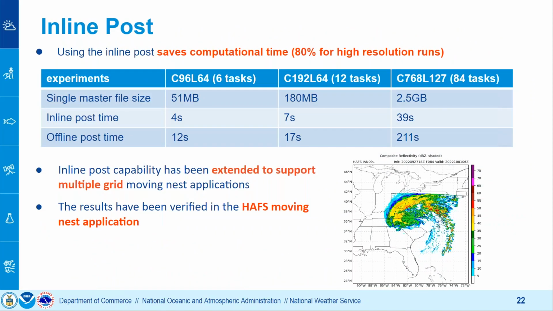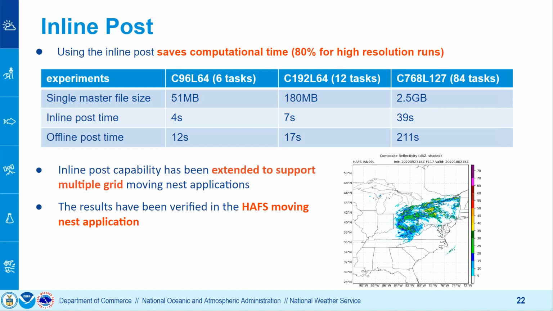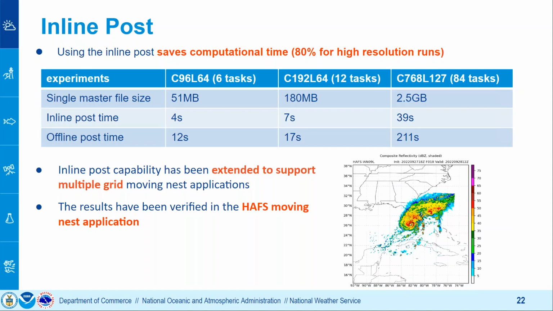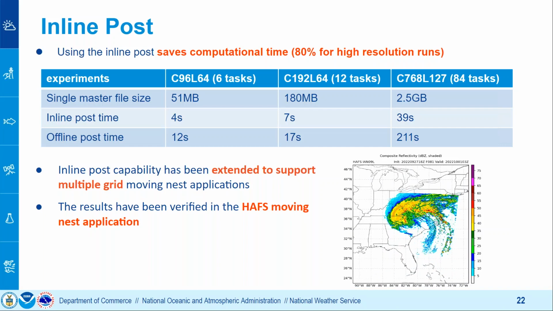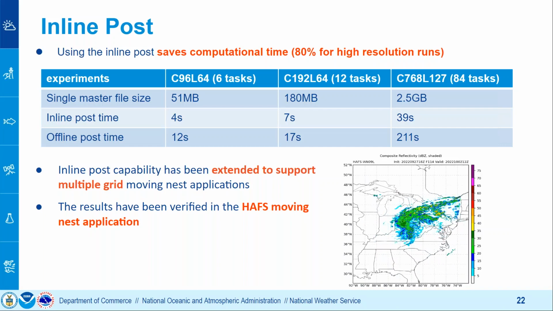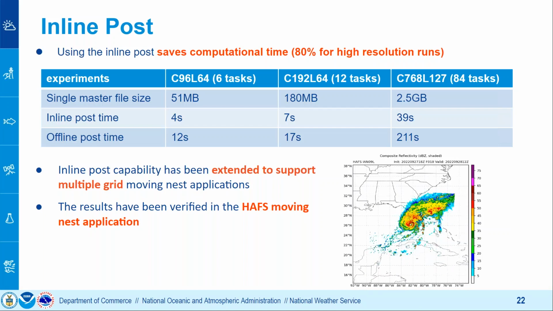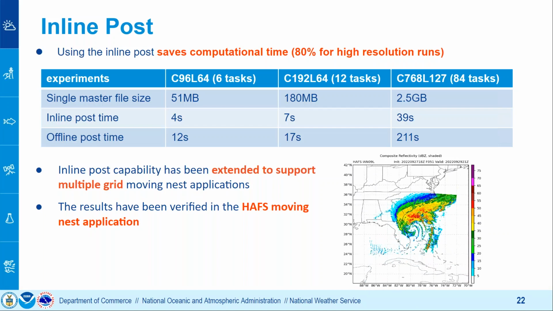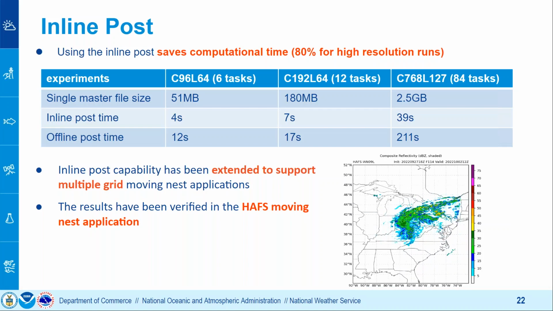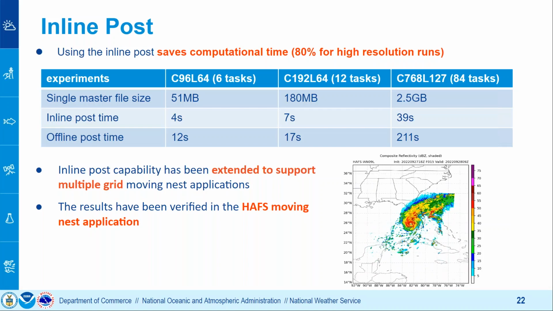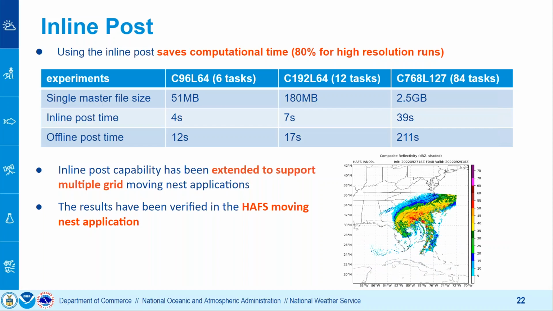Another feature I want to mention is Inline Post. One thing I do want to point out is that using Inline Post, compared to what we call offline post, you not only save the time you need to read in the input data, it actually reduces the I/O pressure in the system.